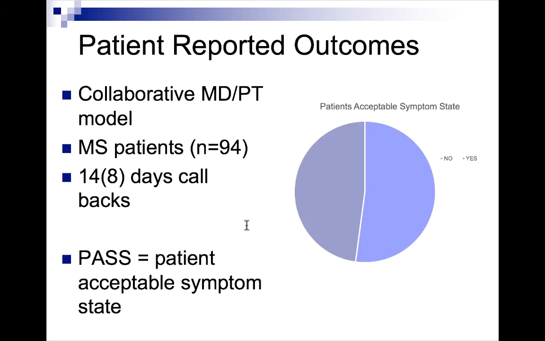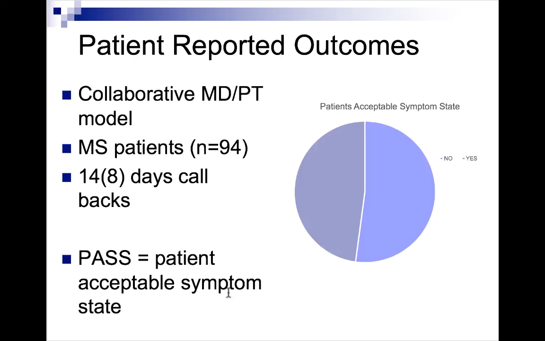A good example of a purely outcome-based type of report would be data that is collected from the collaborative MD-PT model that was being instituted at the Providence Medical Center in Newburgh. And we looked at musculoskeletal patients and called back those patients at 2 weeks. And there were about 400 patients seen over that time period, and so we collected about 20% of the sample.